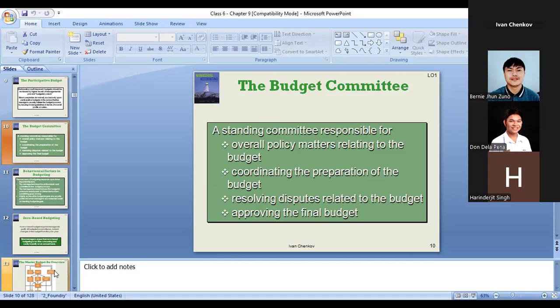They're going to be responsible for coordinating the preparation of the budget, on which level who is involved and to what extent. They're going to resolve any disputes in the preparation of the budget in terms of budgetary slack, in terms of any numbers which don't seem very realistic, and they're going to approve the final budget.